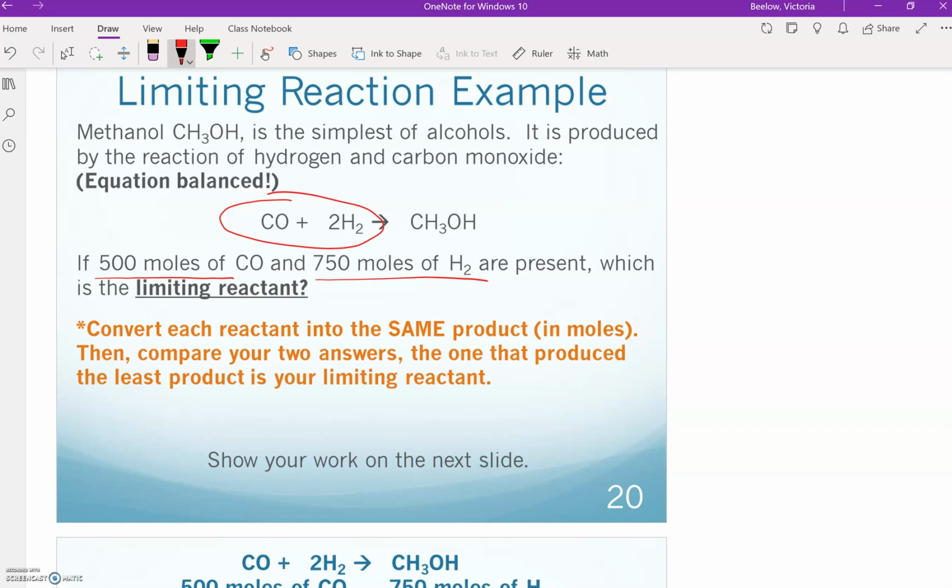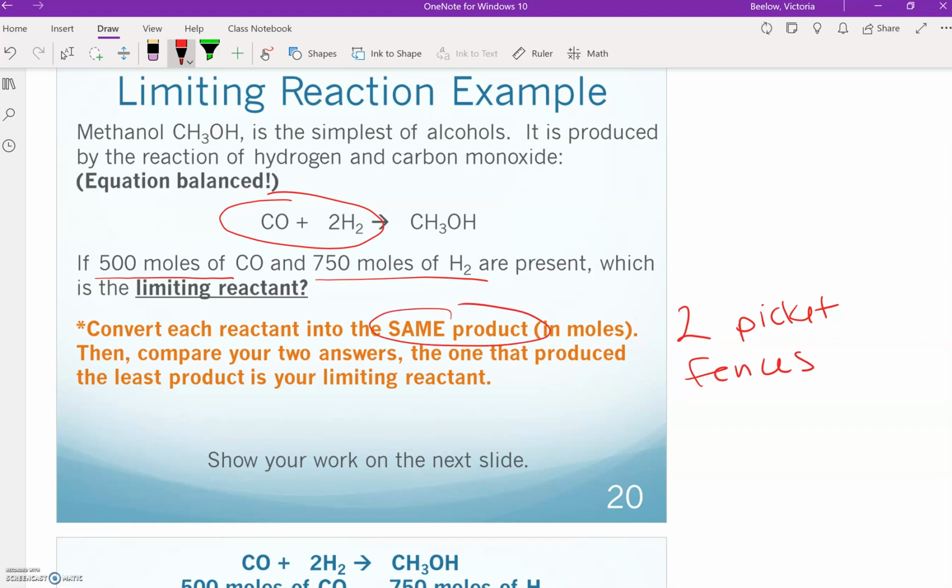We can compare theoretically which one would produce more product. So we're going to convert each reactant into the same product. So you will have two picket fences, and you're going to convert them into the same product.